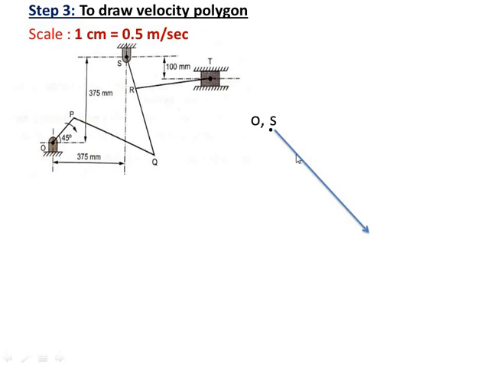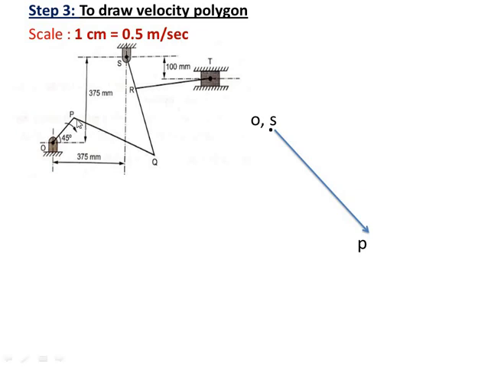This is the direction, and the magnitude is what we have calculated earlier, the linear velocity of P. Convert it into scale and take that dimension here to get the point P. So this is the velocity vector in magnitude and direction of OP.